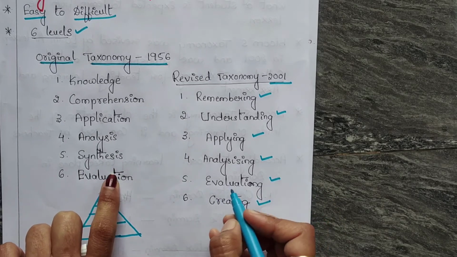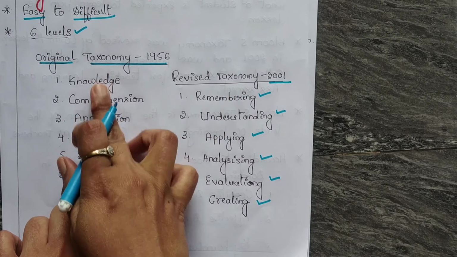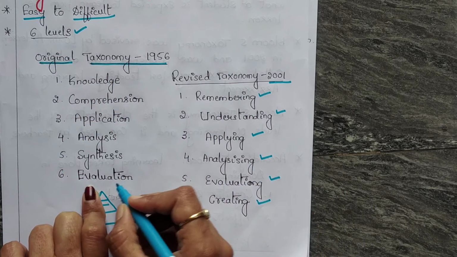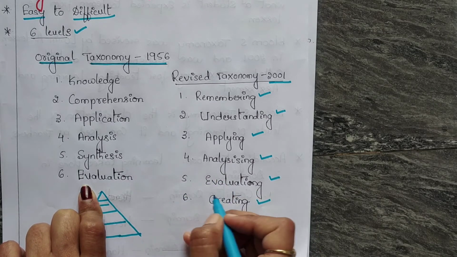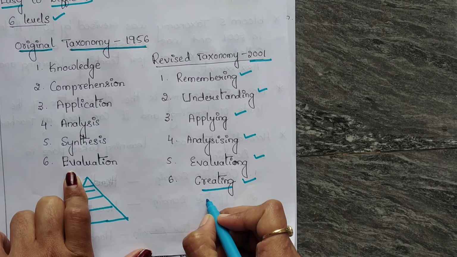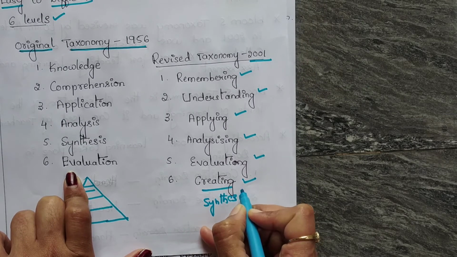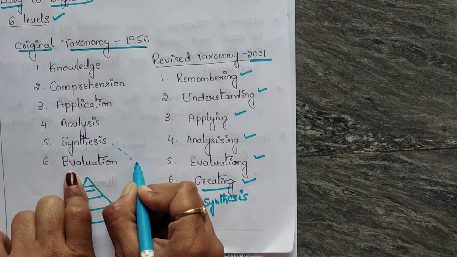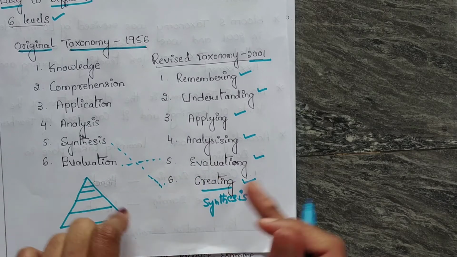One thing is changed here. Compared to the original taxonomy, where evaluation was at the last level, here they kept creating, or synthesis, at the end. They replaced these two.